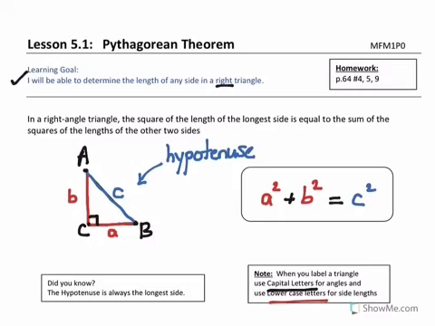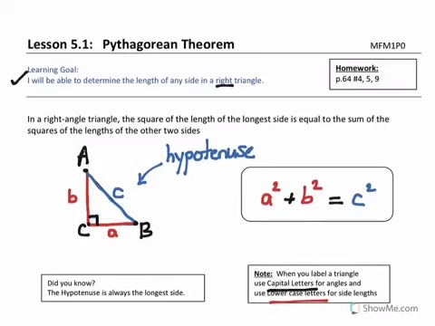So if you wanted to name, say, this side, you start from capital A and you go to the opposite side, and so you call it little a. And that's something that you do in grade 10 when you learn about trigonometry. Okay, so going from capital B to the opposite side, we're going to call this side little b. And then from capital C to the opposite side, we're going to call that little c.